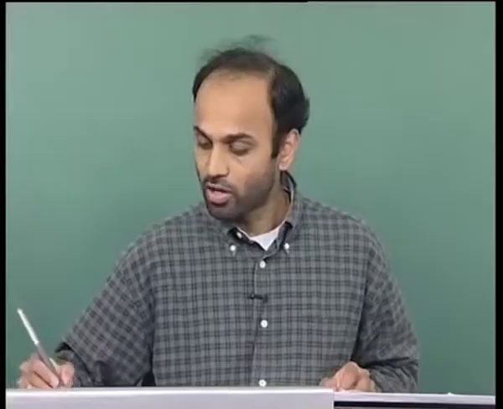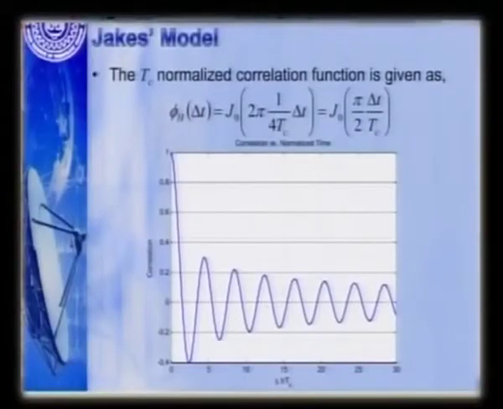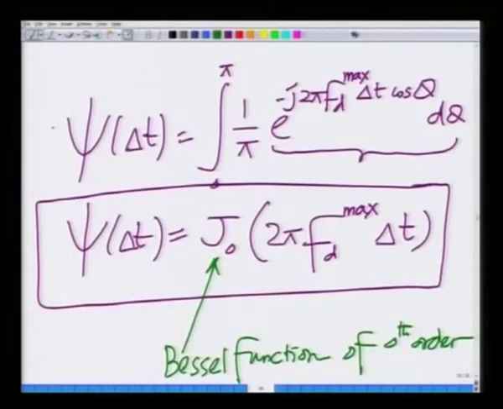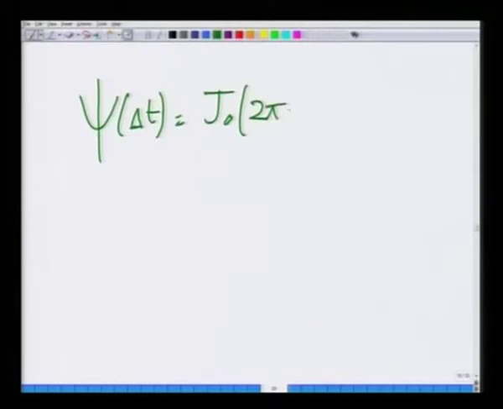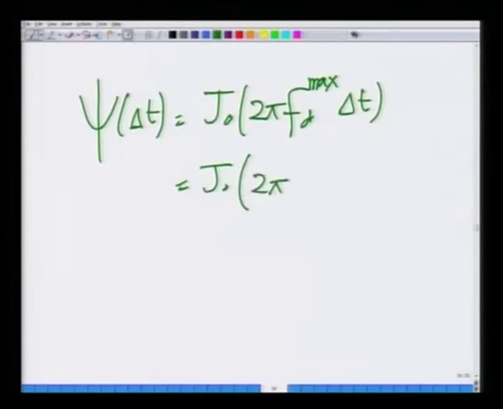For instance, if we go here, I have plotted the correlation. Before that, let me do a minor simplification to this. So, psi of delta t is J0 2 pi f d max of delta t. Remember, 1 over 4 times coherence time is f d max.